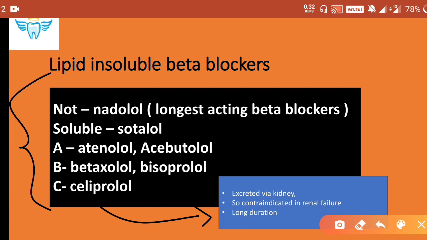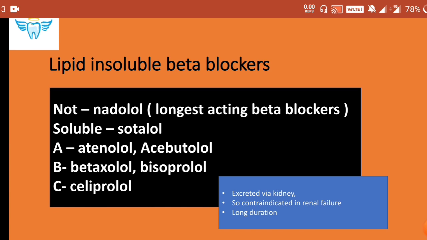So ये भी MCQ में आता है that which of the following beta blockers are contraindicated in renal failure? So you need to know this group of drugs, the names to be precise, okay? And that's why I'm giving you a mnemonic for each and every action, okay? It will help you a lot to solve MCQs better and quicker with confidence.